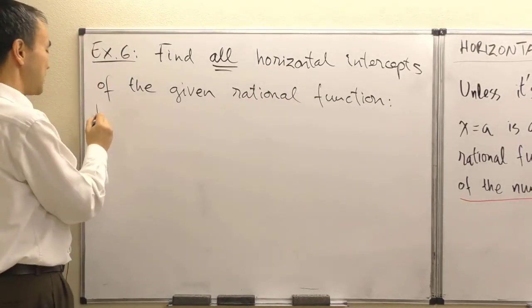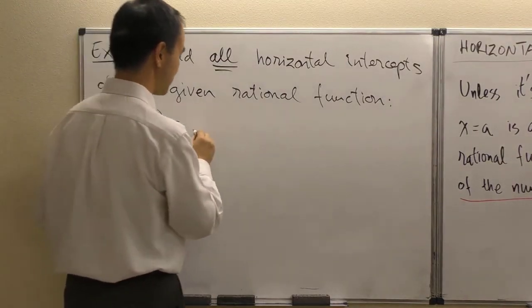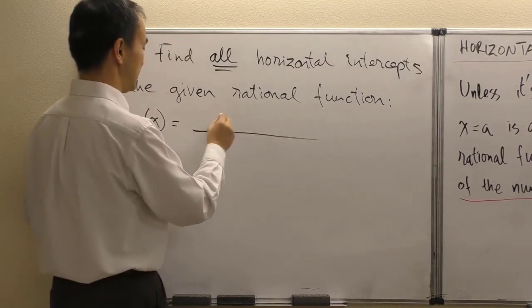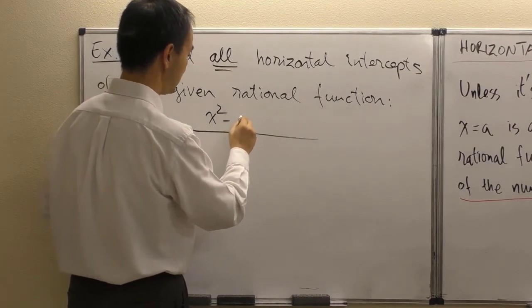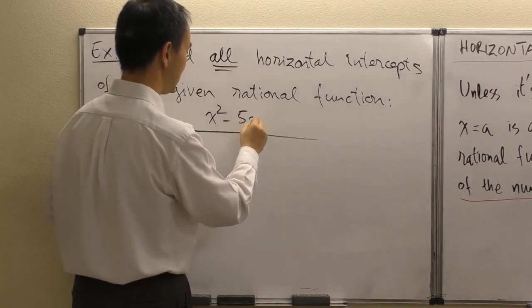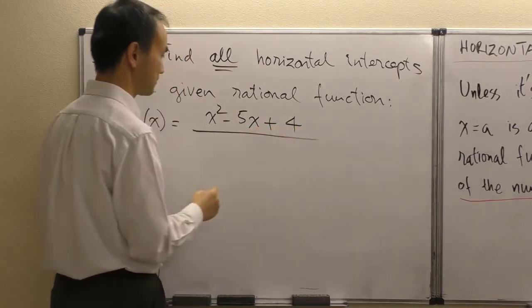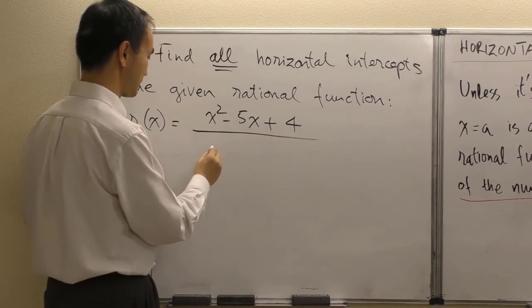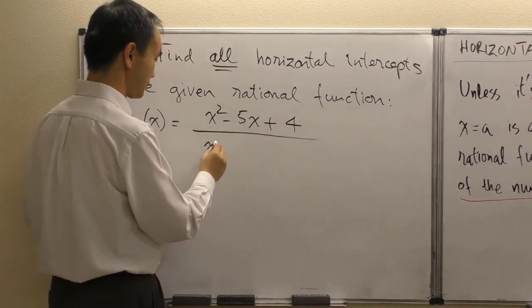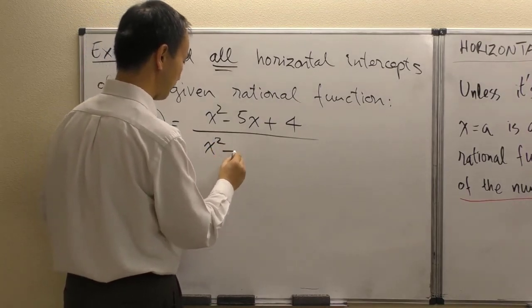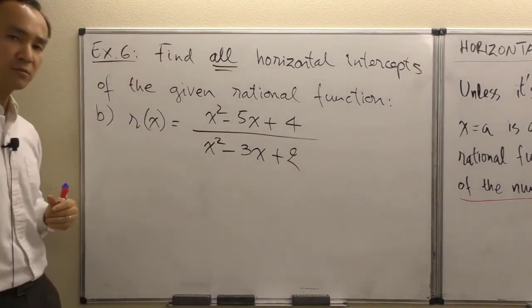So now part B, let's look at R of x to be x squared minus 5x plus 4 divided by x squared minus 3x plus 2.